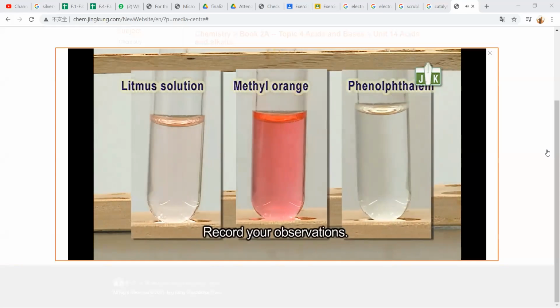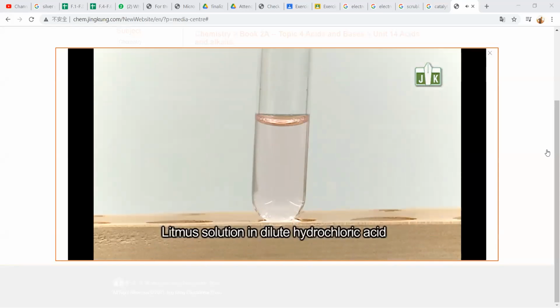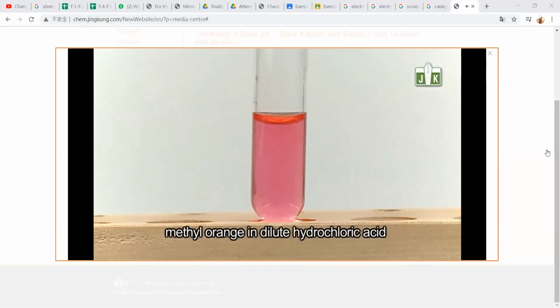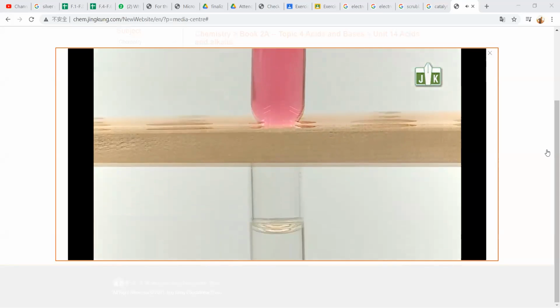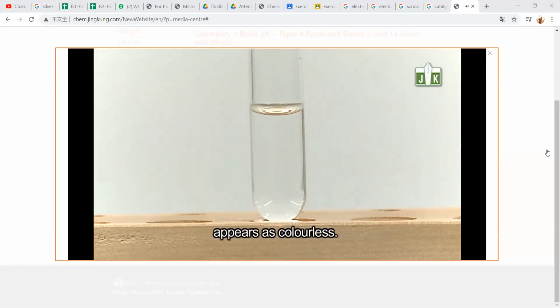Record your observations. Litmus solution in dilute hydrochloric acid appears as pink. Methyl orange in dilute hydrochloric acid appears as red. Phenolphthalein in dilute hydrochloric acid appears as colourless.